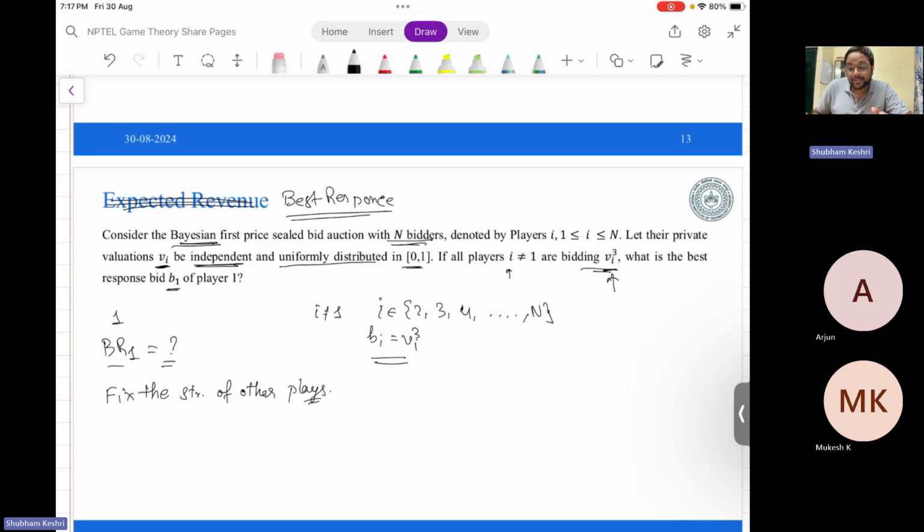So how do we calculate best response? That is what I am telling you. The first step is to fix a strategy of the other players. For that strategy, get your utility. Over here, we will not be able to get the exact utility. We'll have to get the expected utility, the expected utility of the considered player, not you.